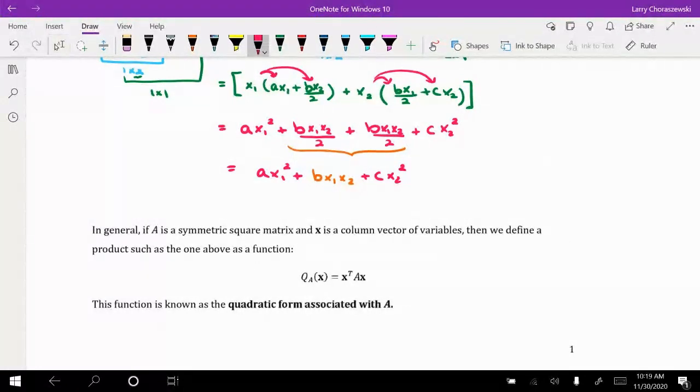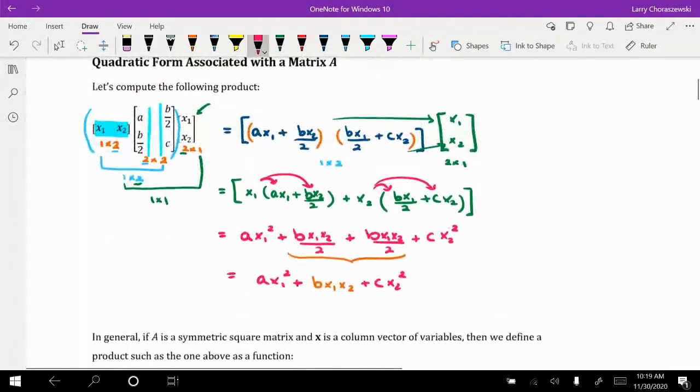It's capital Q. It probably makes sense as to why, right? Quadratic. And the subscript is referring to the middle matrix that's involved, which if you look at the middle matrix that was involved, you can tell it's symmetric because here's the main diagonal, and the terms that are off the main diagonal are mirror images of each other.